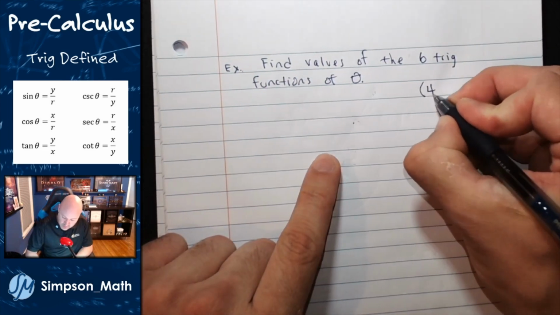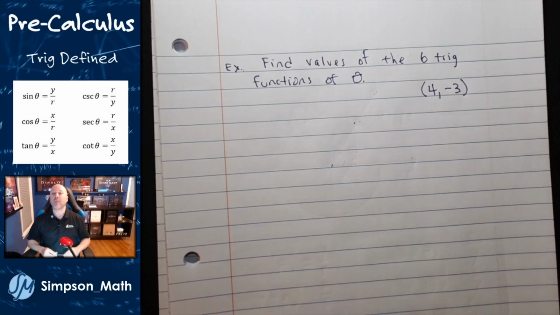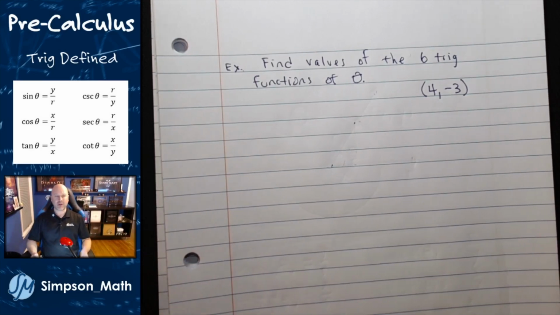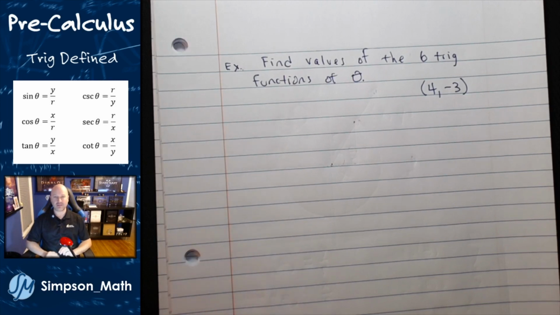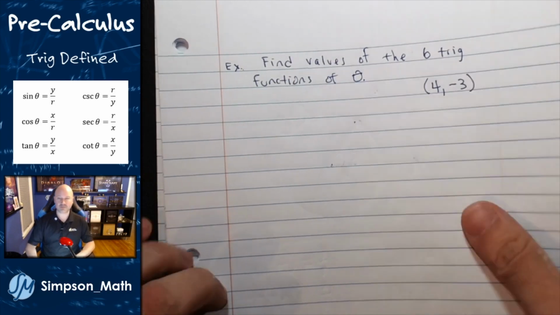Let's call it 4, -3. All right, so there's a point at 4, -3, and somehow I'm supposed to come up with the values of the 6 trig functions of theta. So what do you think we should do first?